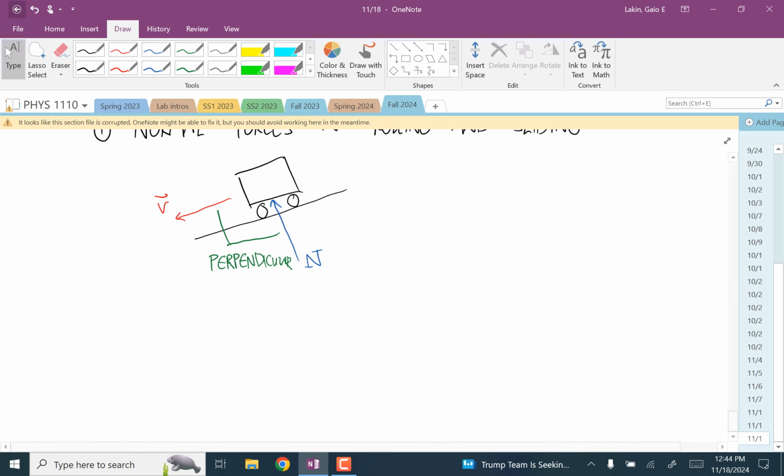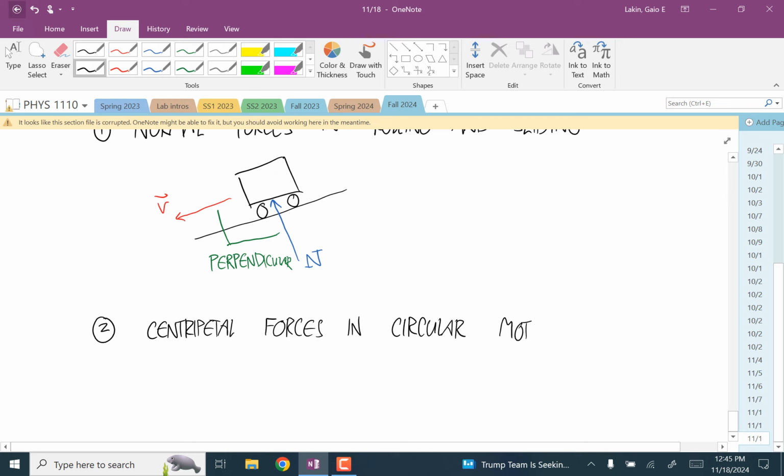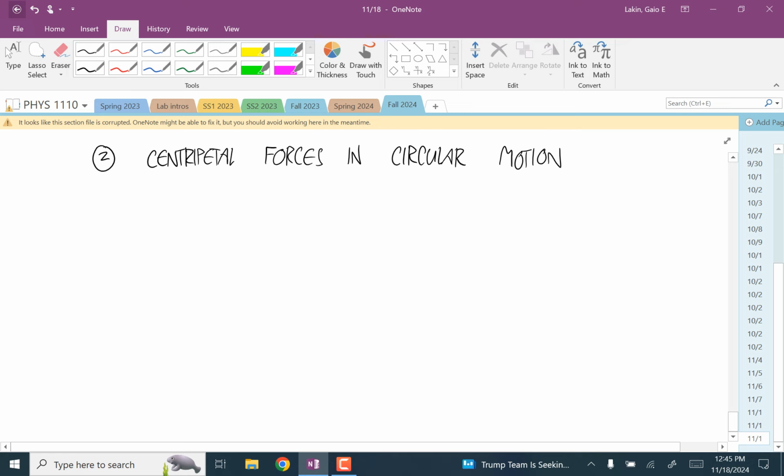And then the other important one is centripetal forces in circular motion. So why is that? Well, if something is moving along a circular path like this, its velocity is tangent to the circular path.